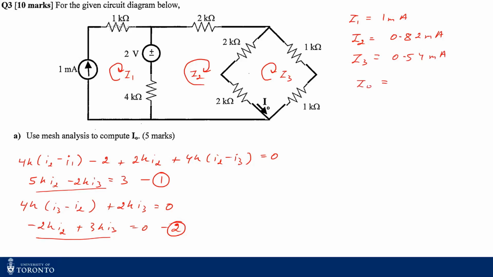According to the convention, this is my I2, right? And this is my I3. So my I naught is just basically I2 minus I3, which is just 0.28 milliamperes.